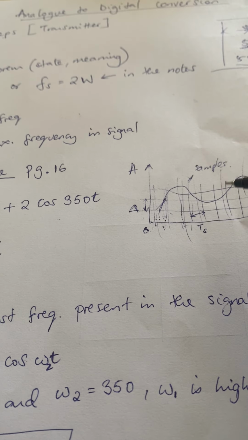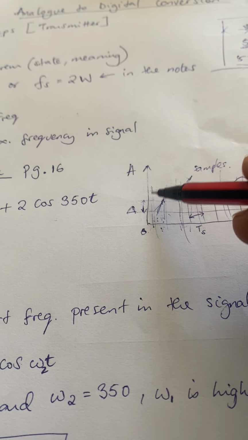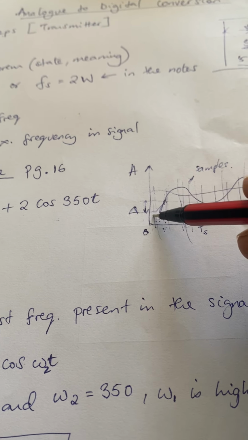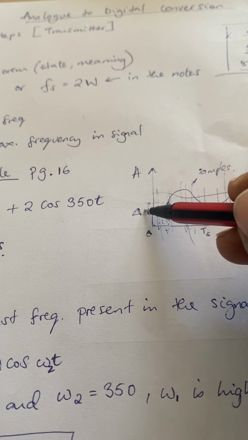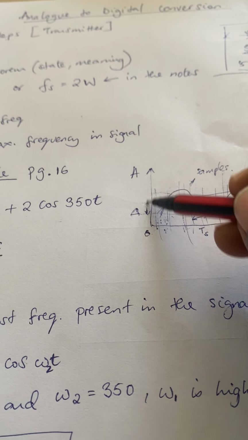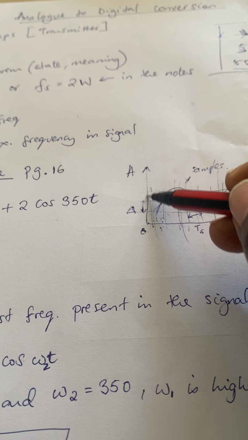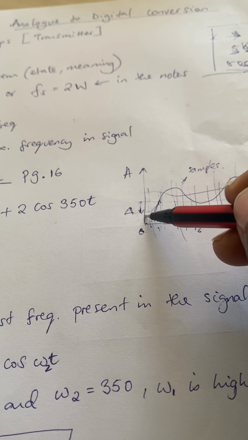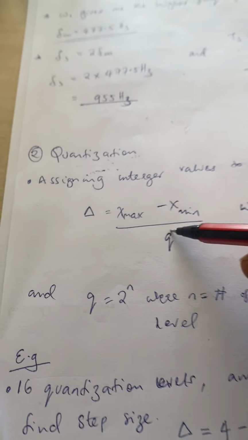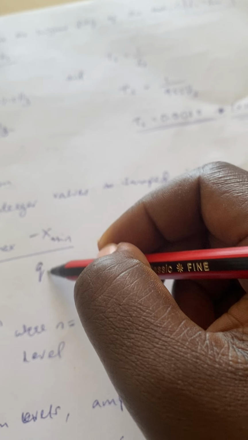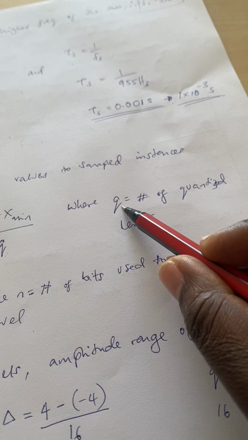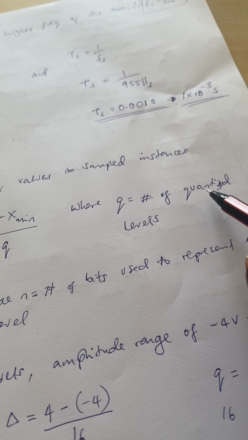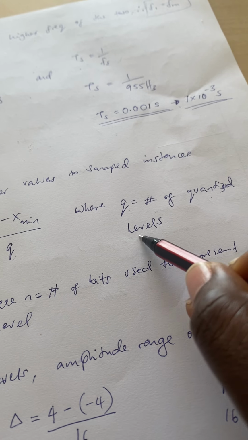And then I'll also need to know how many of these lines I need in this amplitude, how many times I'm dividing this amplitude. Now the number of times I'm dividing that amplitude is what we're calling Q. Q being the number of quantization or quantized levels.